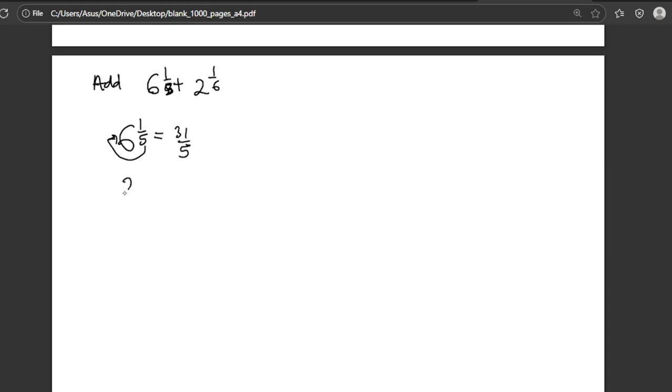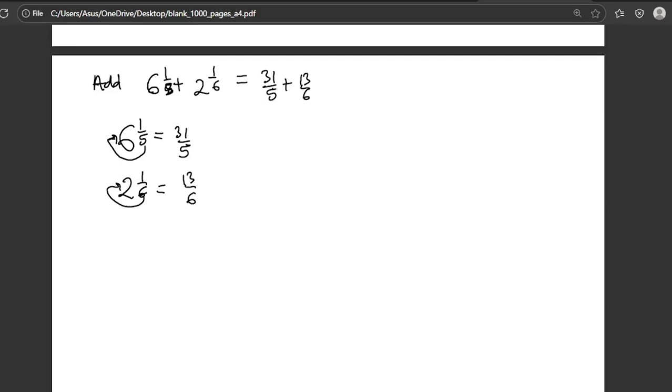In 2 whole number 1 over 6, you multiply the denominator here also by the whole number. 6 times 2, 12. Add it to the numerator: 12 plus 1, 13. 13 over 6. Then you can now add these two. So we have 31 over 5 plus 13 over 6.